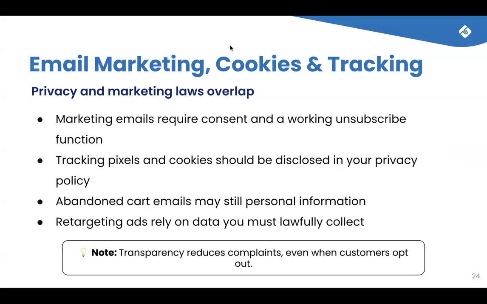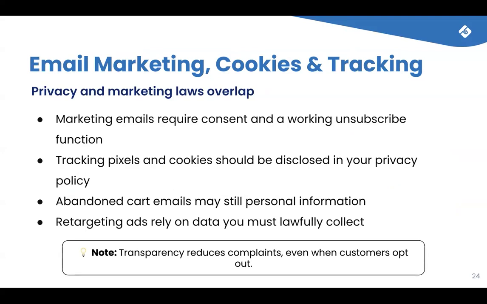So one of the most effective ways for an online business to scale is through marketing communication with its client or contact database. Marketing emails, SMS, any communication as such require consent and a working unsubscribe function. What this means is that you need to provide an opportunity for these recipients to say, stop, I no longer want to receive marketing communication from your business.